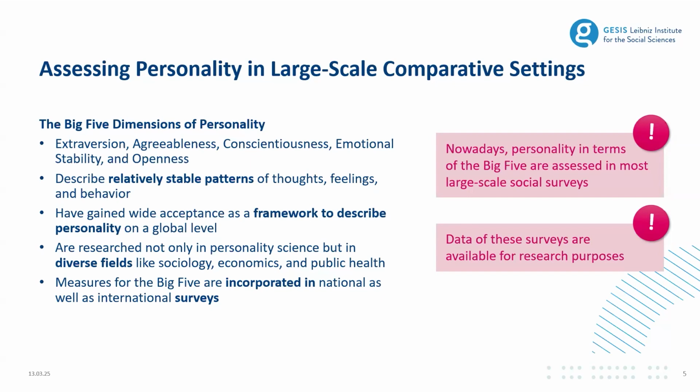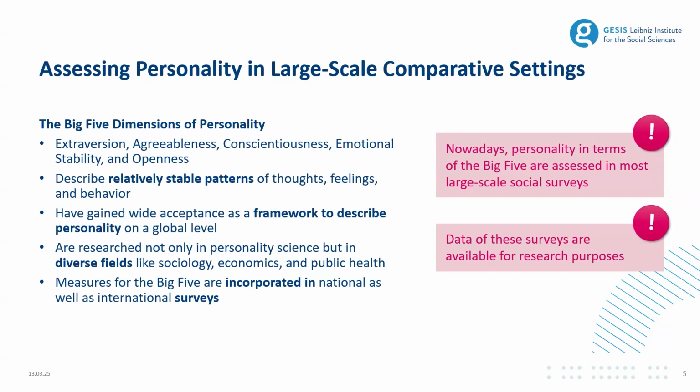This acceptance and this agreement within personality psychology a couple of decades ago made the Big 5 more and more visible, also in fields outside personality research. And so these disciplines became more and more interested in this construct. Disciplines like sociology, economics, public health, just to name a few of them.